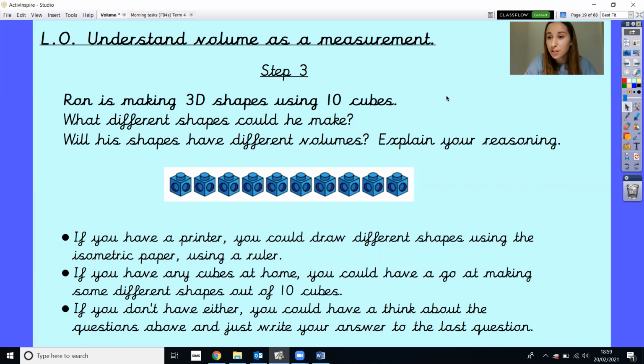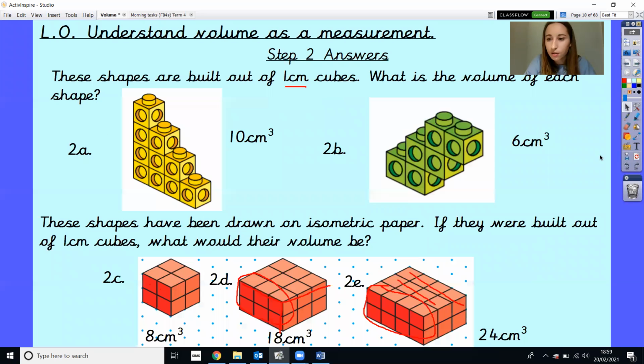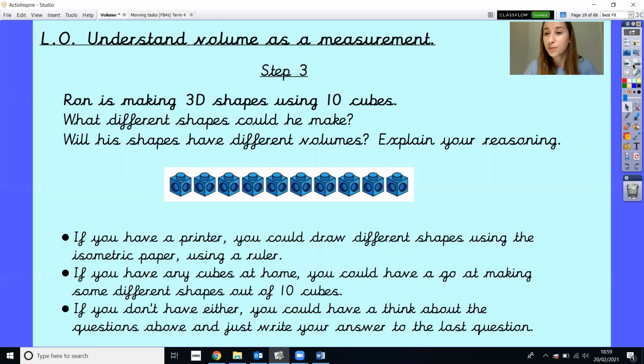You'd have to use a ruler to do that. Let me just show you what that looks like. So you can see here, they've joined these dots, 1, 2, 3 dots along like that with a ruler. They've joined these dots up and along. So you join the dots to make your shape, okay? So you could have a go if you want to print out that isometric paper, have a go at drawing some 3D shapes using 10 cubes.